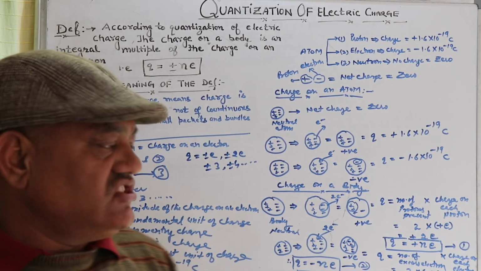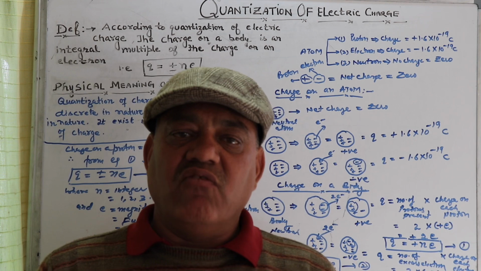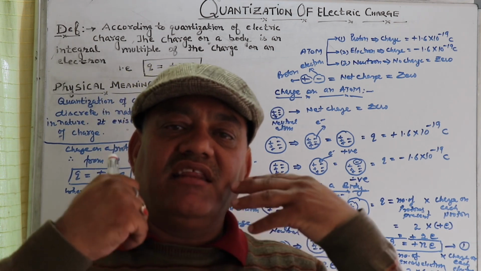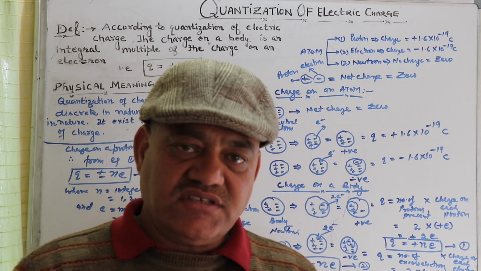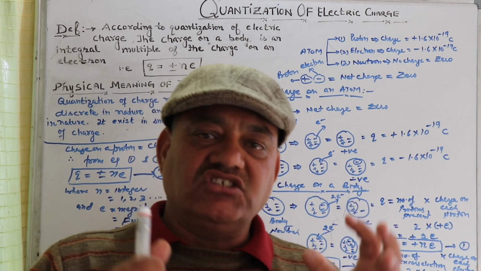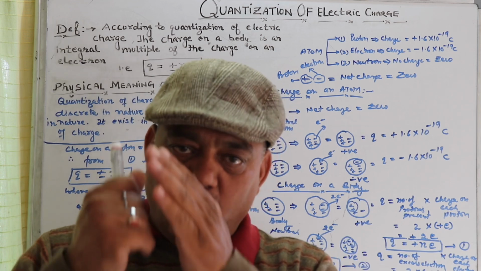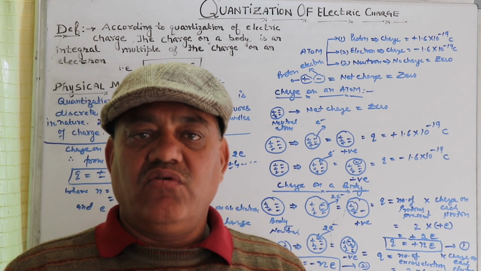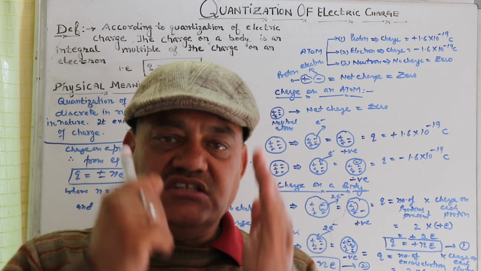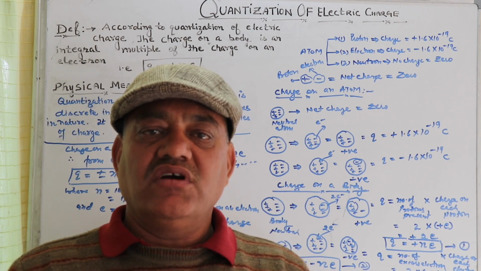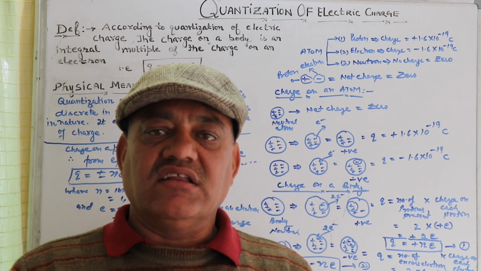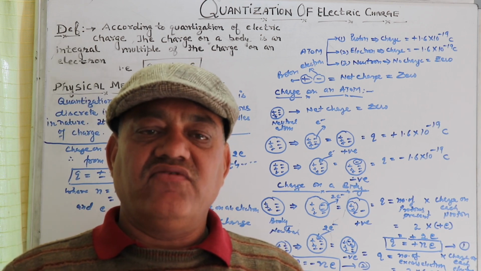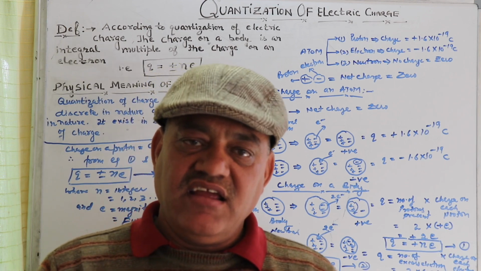But the charge on a body will not be in fraction or decimal. This is because a body acquires charge by losing or gaining electrons, but we cannot divide an electron into small pieces. Due to this reason, a body does not have charge in fractions and decimals.